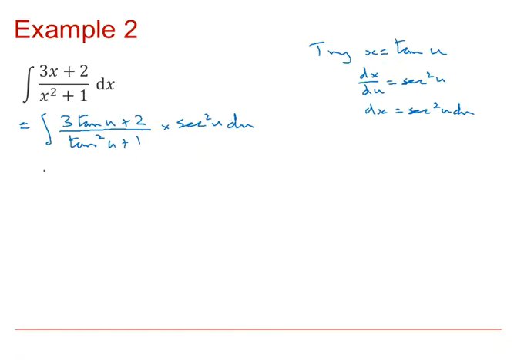Sec squared u du is going to be significant in a moment when we rewrite this as 3 tan u plus 2 over 1 plus tan squared, which is of course sec squared. So what looks as though it's a very complicated integral is starting to simplify a little bit. So we've now got the integral of 3 tan u plus 2.